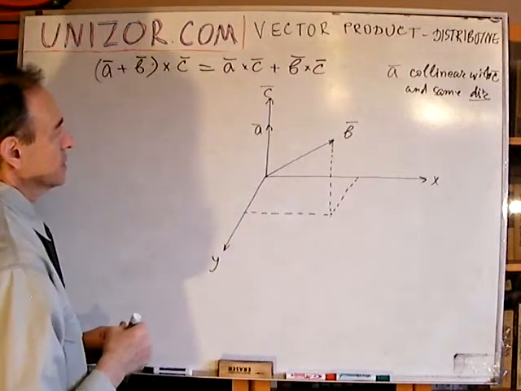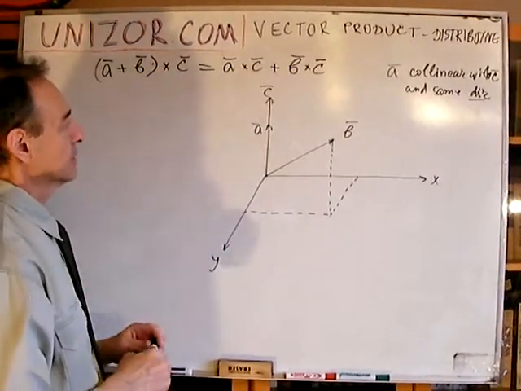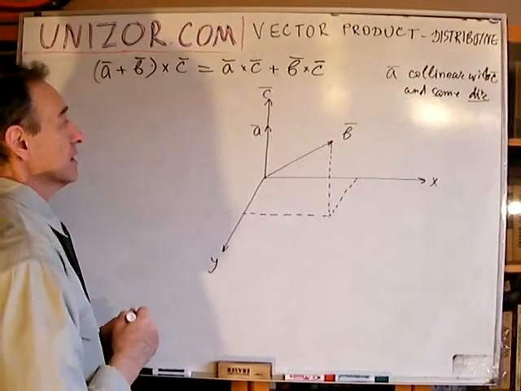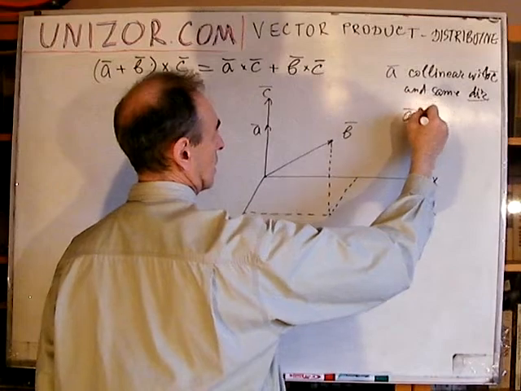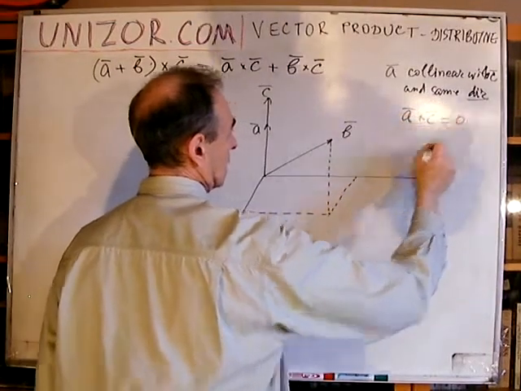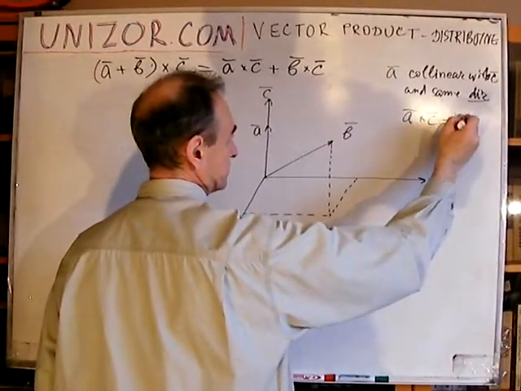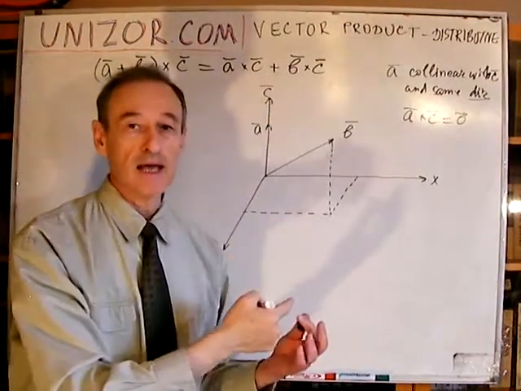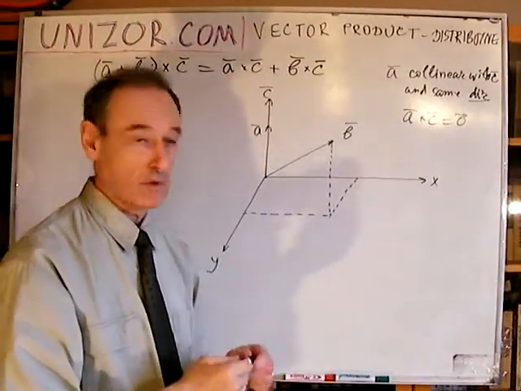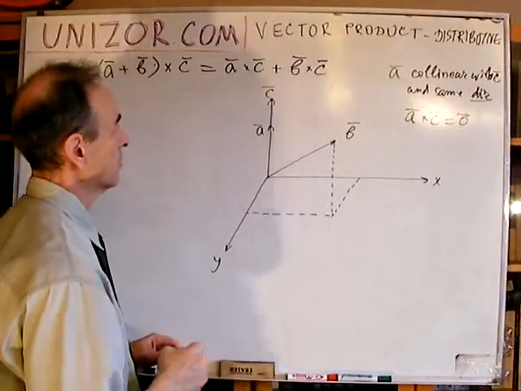So what's interesting about this particular case? The interesting thing is, obviously, that A times C is 0, a null vector. Why? Because they're collinear, so the sine of the angle between them is equal to 0. It doesn't matter what the lengths of them are. All right?